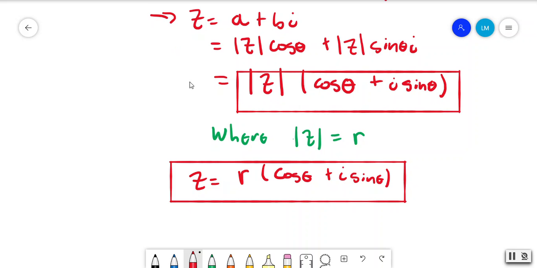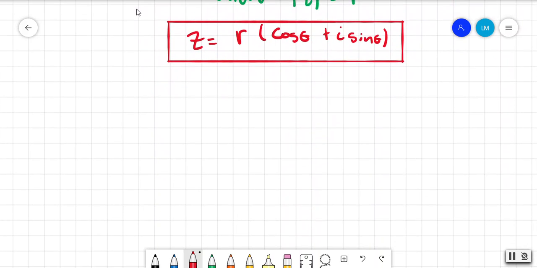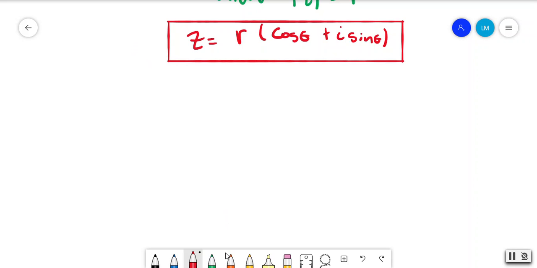Okay, so you might wonder, that was a lot of information. And again, you can always just pause. This is called the trigonometric polar form of a complex number.